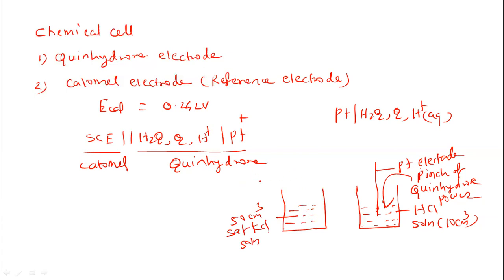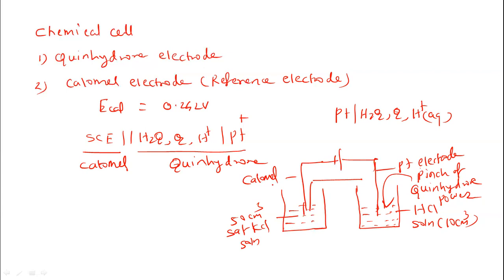Now connect the calomel electrode to the negative terminal of the potentiometer, and the quinhydrone electrode to the positive terminal, and dip the salt bridge. So this is the experimental setup.